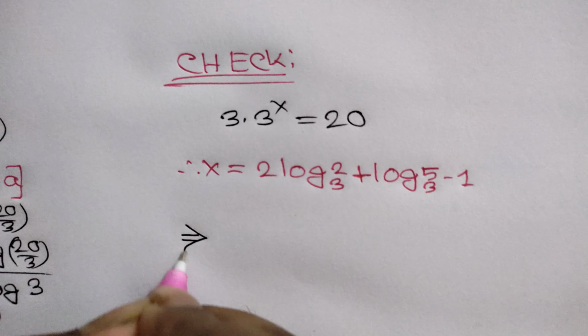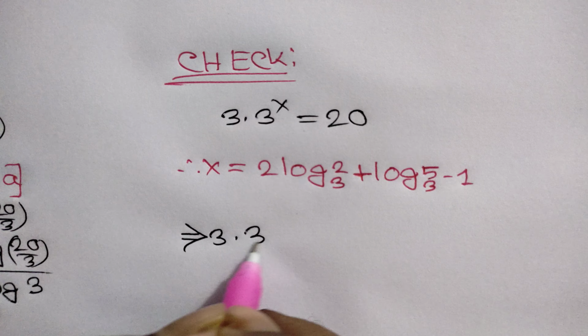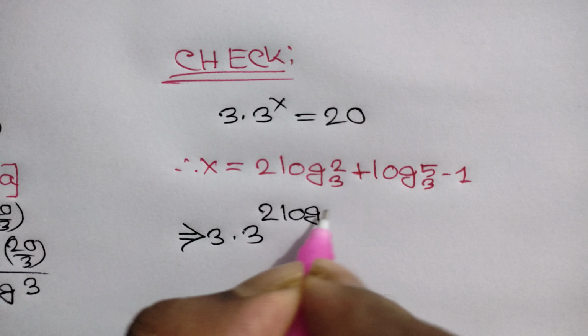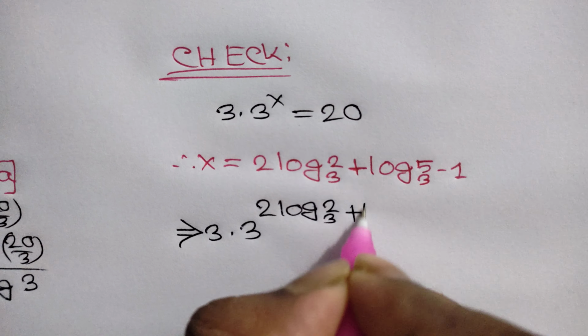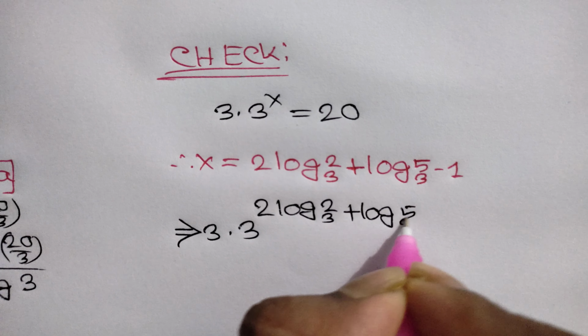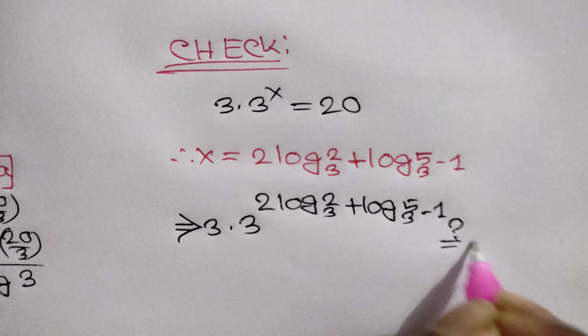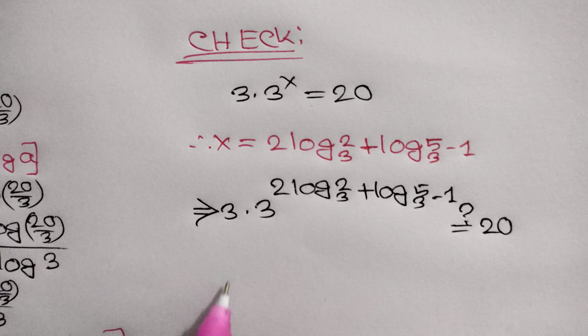Or 3 times 3 to the power, now we can write here 2 times log of 2 base 3 plus log of 5 base 3 minus 1, is it equal to 20?